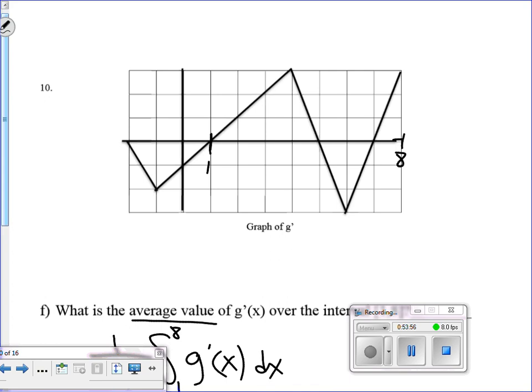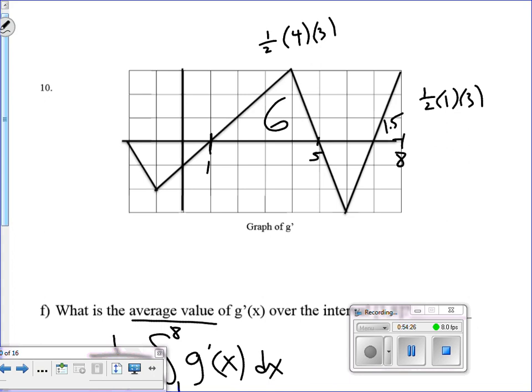Oh yeah, this was just 1/2 base, which was 4. So 1/2, let's write that, base times height. So the area of this up here is 6, and the area of this, 1/2 base times height, is 3/2. So I'm just going to write 1.5. So, oh yeah, we did this before. So area above is 7.5.